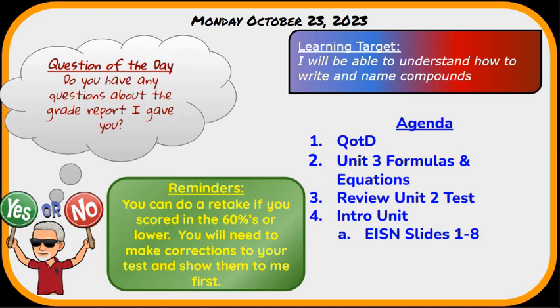Now, if an atom has a full outermost shell, they are stable. The noble gases already have a full outer shell, ladies and gentlemen. They are stable already. There is no reason for them to do anything else.